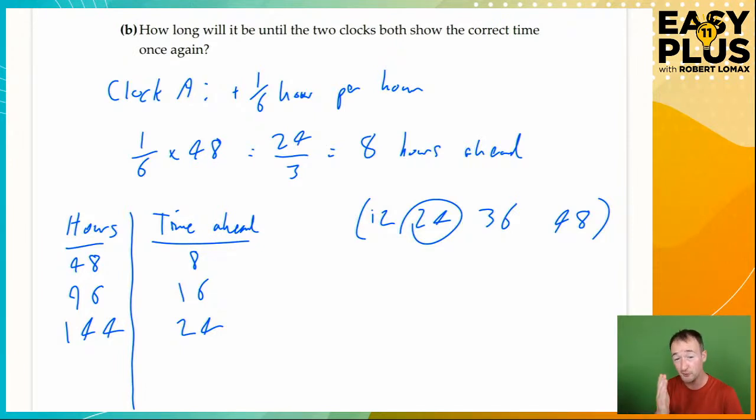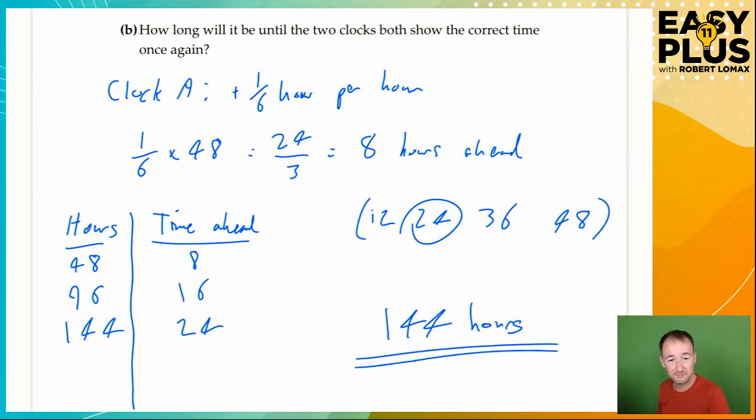But after another 48 hours, they're showing the same time, and that time is 24 hours wrong, which means that on our clock face it looks like the right time. And that's the answer. So it will be 144 hours. Always write the units. And that's it. That's the answer to the question.